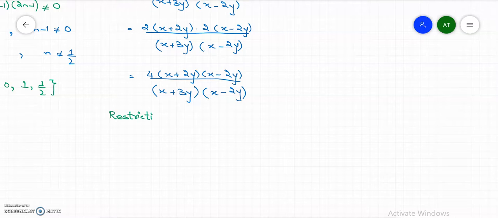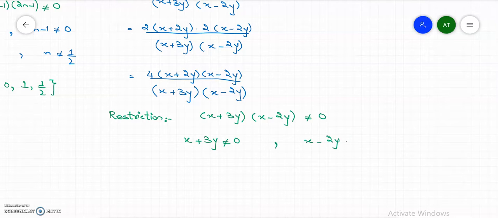Okay, before cancelling the like terms, we have to state the restrictions. So for the restrictions, we have to put the denominator is not equal to 0. So x plus 3y is not equal to 0, and x minus 2y is not equal to 0, right? Now let's solve for x.